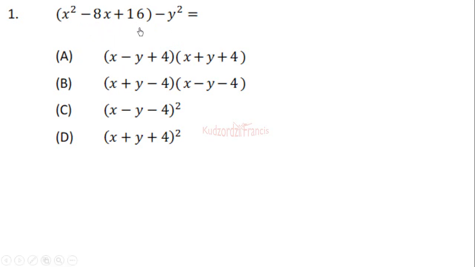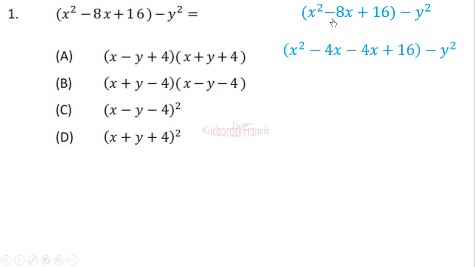So when we factorize the expression, this is a trinomial. And you observe that we can split the middle term. But the factors of 16 that can add up to -8 is -4, -4. I know you know that already.